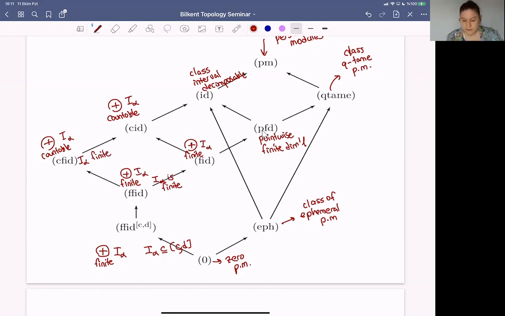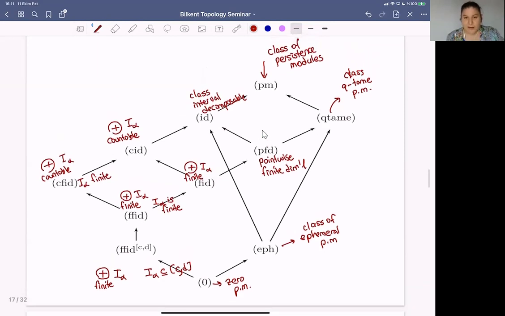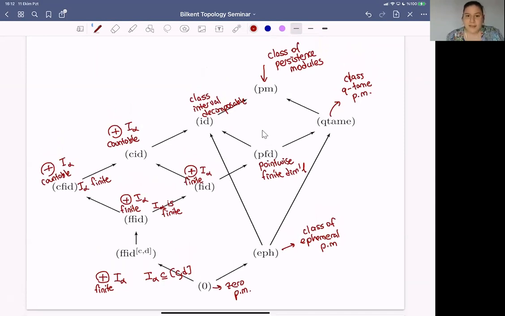So you can classify some kind of examples, and then you can determine which of them are sets. This is the Hasse diagram, and each arrow represents an inclusion map. That means CID is contained in ID. Maybe you may ask, why is the class of pointwise finite dimensional PFD not contained in CID?